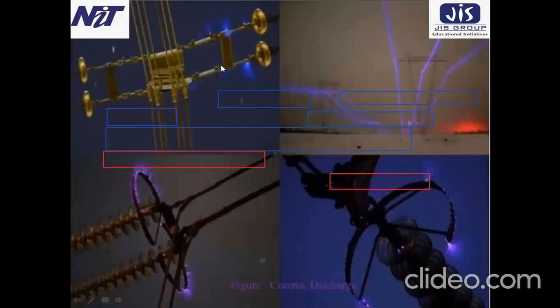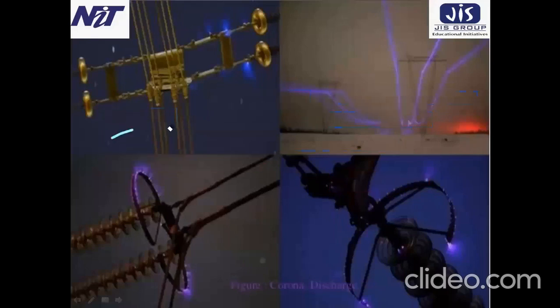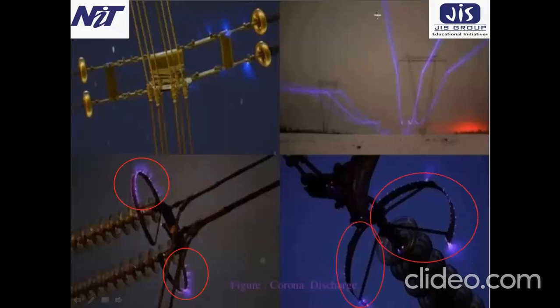These are figures of different overhead transmission lines where the corona is being produced. If you follow, you can find very easily that here the corona is being produced. At this point, corona produces violet glow, hissing noise, and production of ozone gas. In this part also the ozone is being produced.